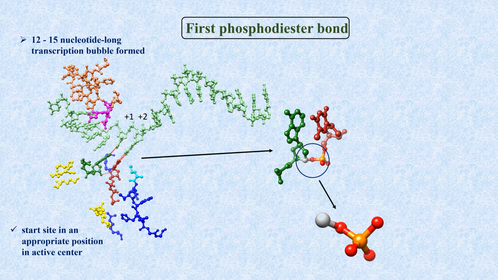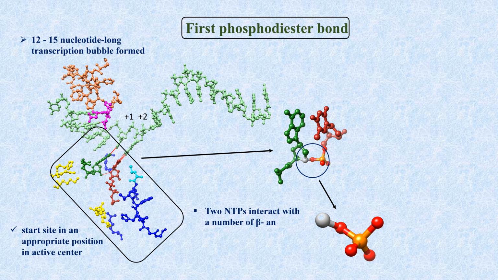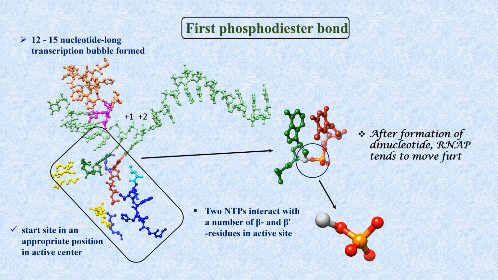Two NTPs interact with a number of beta and beta prime residues in the active site. After the formation of the dinucleotide, the polymerase tends to move further downstream to continue with the transcription process.